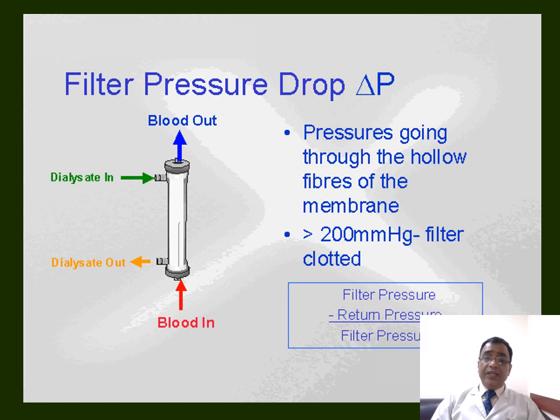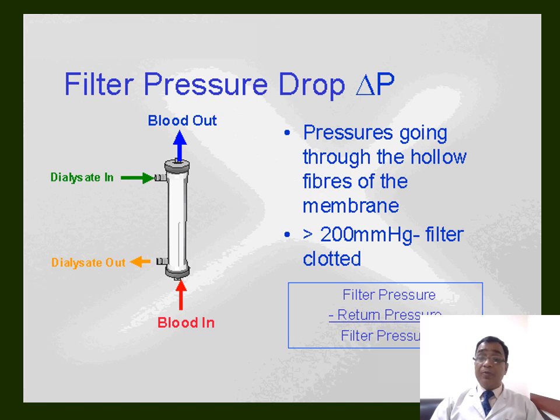Similarly, we can use the pressure drop as an indicator of clotting of the membrane. The pressure is a little higher when entering the membrane, and the downside pressure, that is the venous pressure, has a little drop.